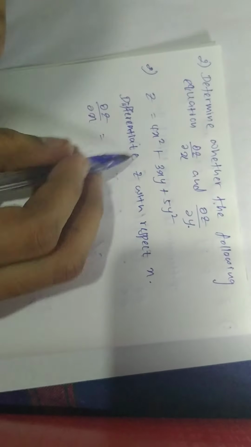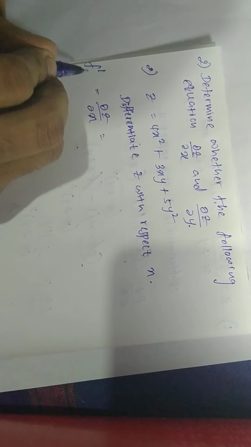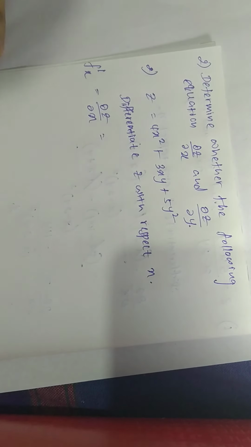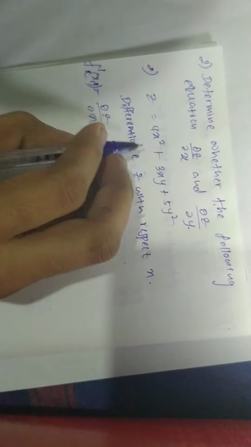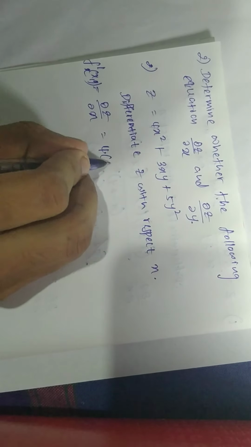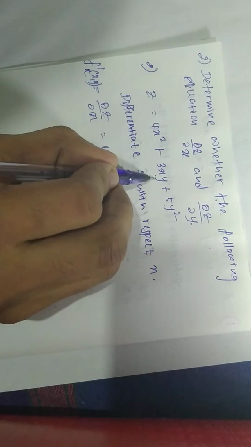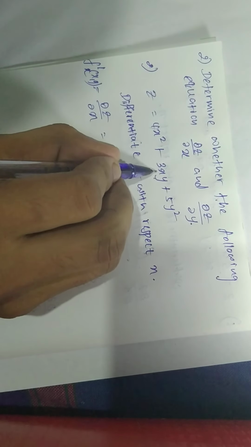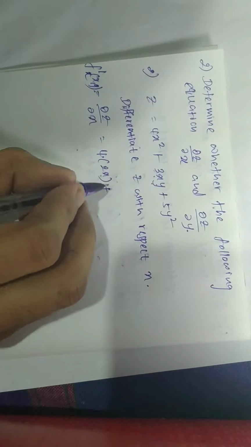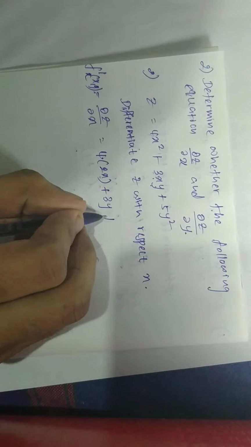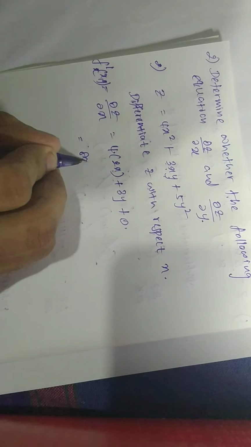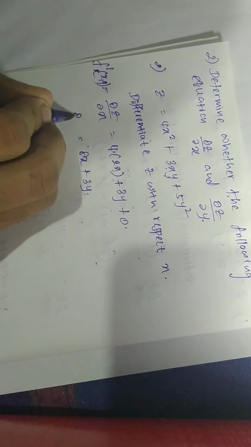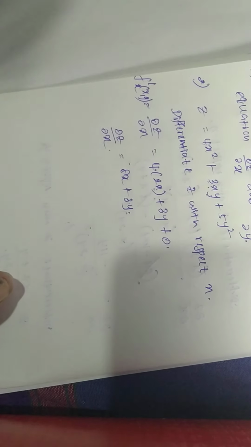This time y is constant. For 4x squared, the derivative is 8x. For 3xy, the derivative with respect to x is 3y. The last term is constant, so it is 0. Dou z over dou x equals 8 times x plus 3 times y.